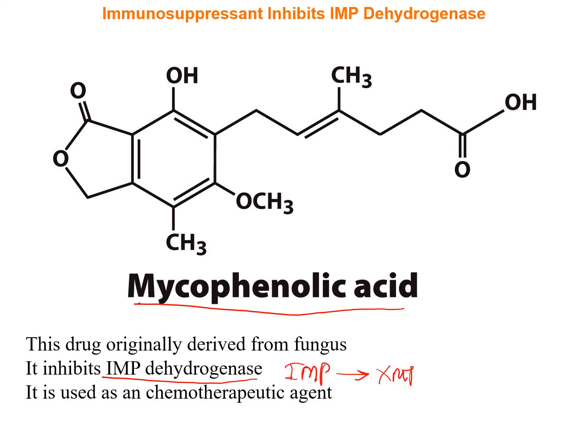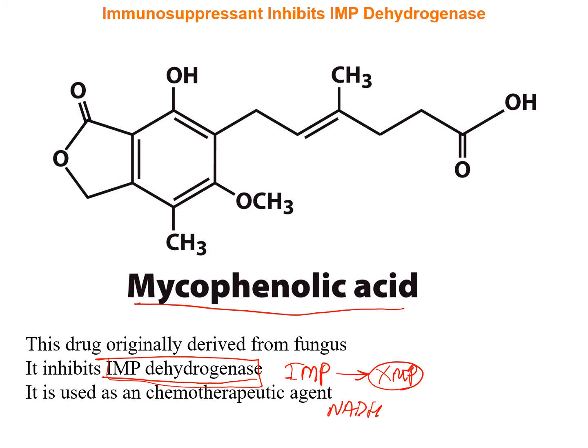So IMP, inosine monophosphate, gets converted to XMP, xanthosine monophosphate. In that, we generate an NADH. We oxidize IMP to get XMP. IMP dehydrogenase is the enzyme that does this redox reaction.